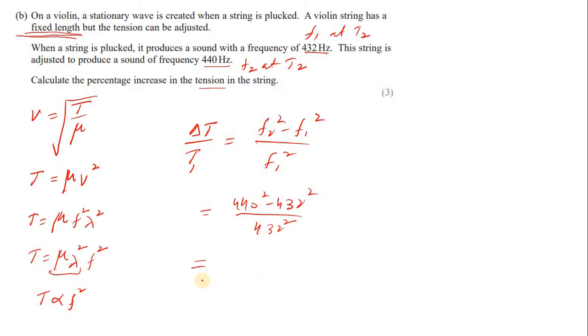That means this fractional change will be 0.037 and percentage is 3.73% or 3.7. So 3.7% when you multiply by 100. That's how you can find the percentage increase in tension. 3.7% should be increased.